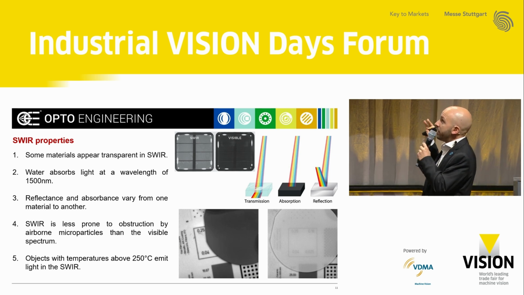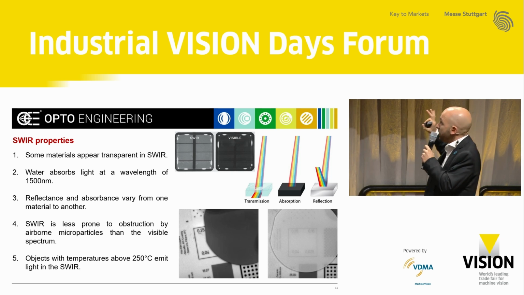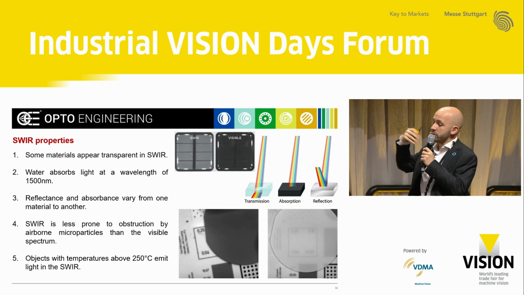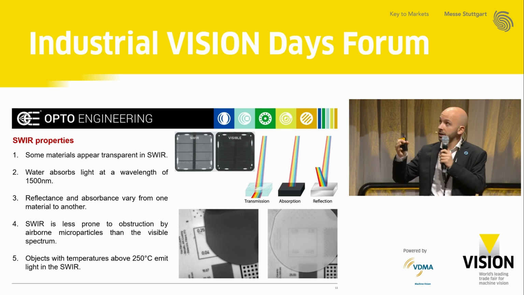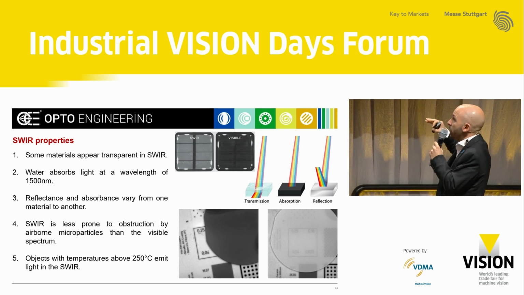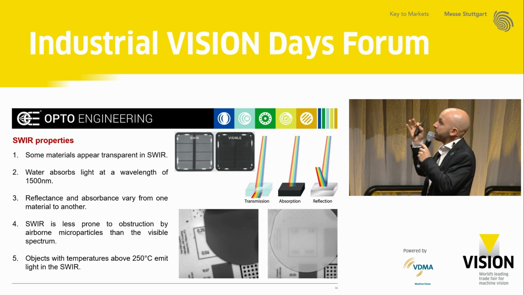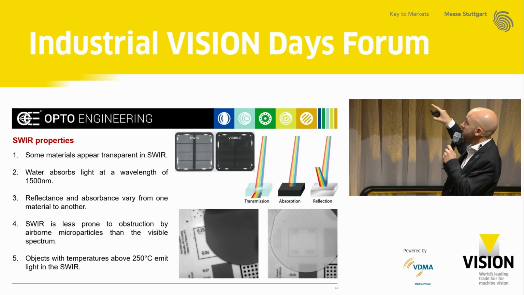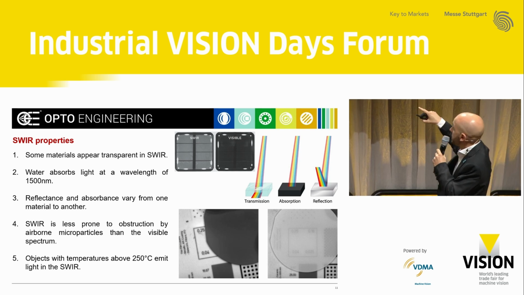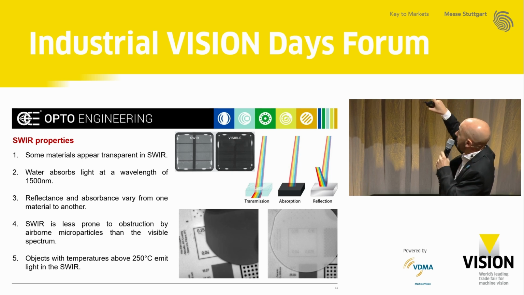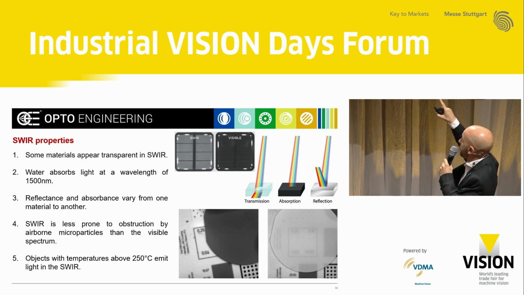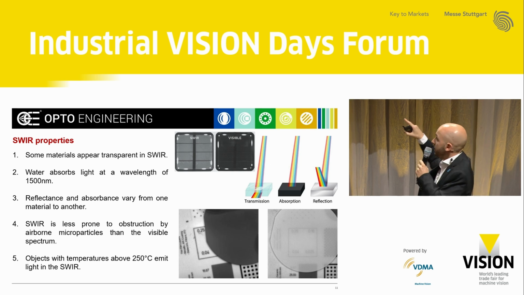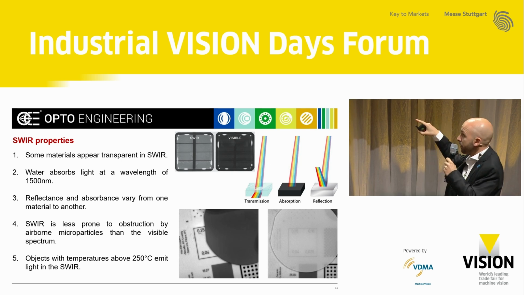The main properties of SWIR that can be used for our vision tasks are listed here. Some materials appear transparent in SWIR, such as silicon. You can see, for example, here the comparison between a SWIR and a visible capture of a silicon wafer.